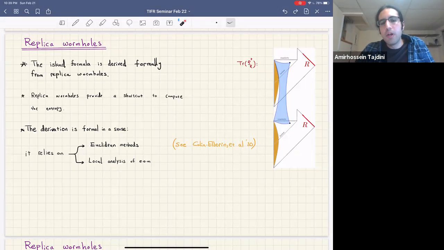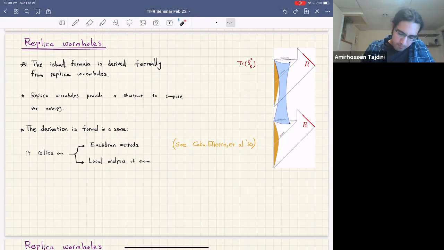So it seems to exclude some interesting black holes, like black holes formed from a collapse. Also, the derivation relies on the local equation of motion near the mouth of the wormhole, or the quantum extremal surface. So one might worry a little bit whether or not these geometries even make sense near n equals 1 globally.